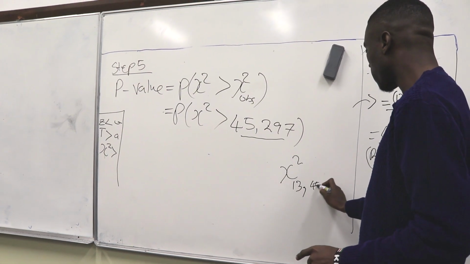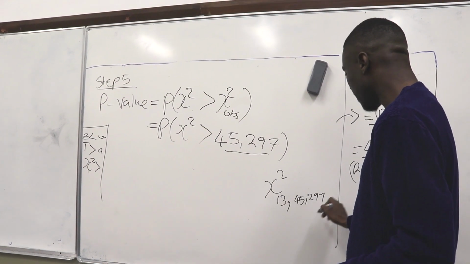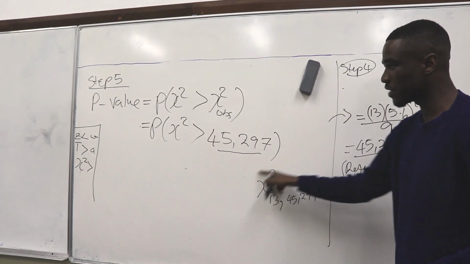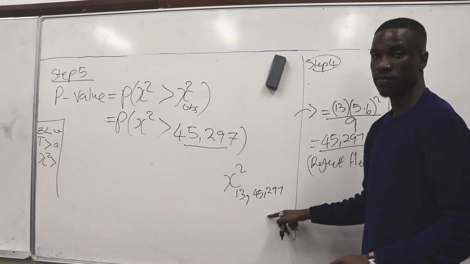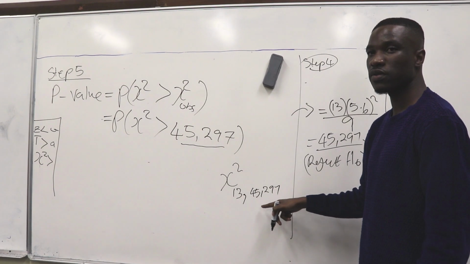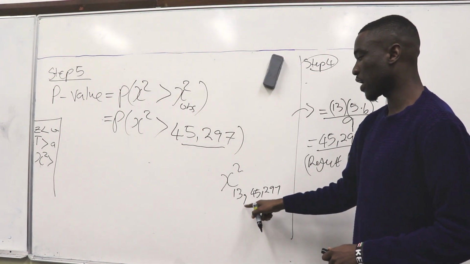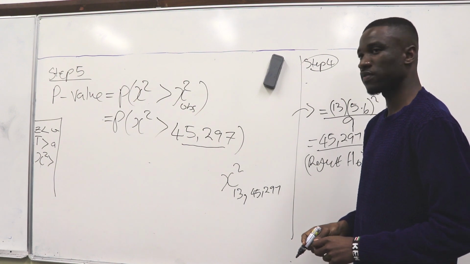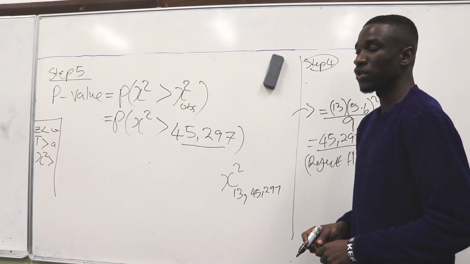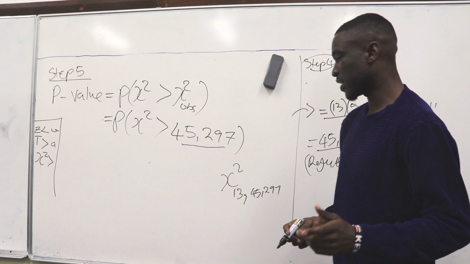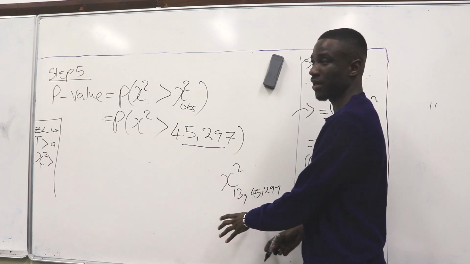So what changes here is that you put this number here. It's the same as looking for 45.297. So you go to the chi table again and look for this value. So can you quickly go to the table and look for this value? Chi 13, 45.297. The edge on the right. So what you're going to realize is that it's actually not there.